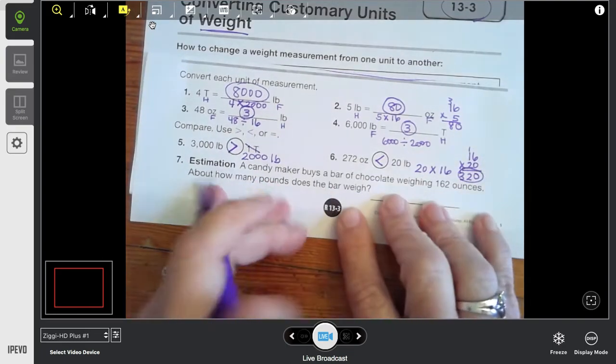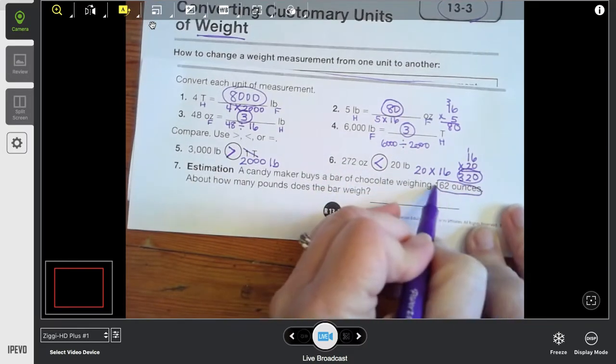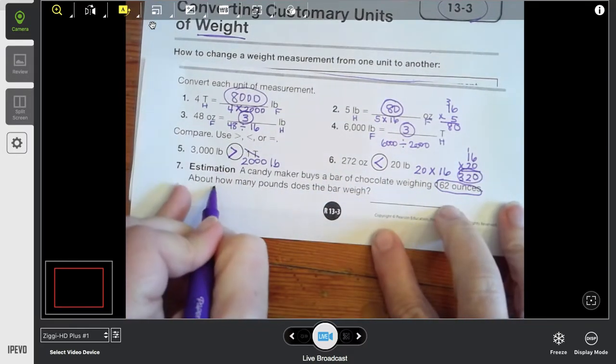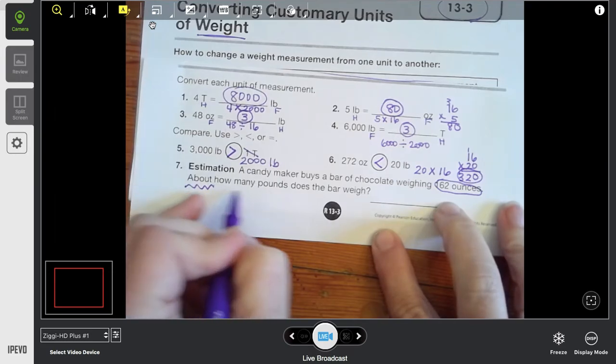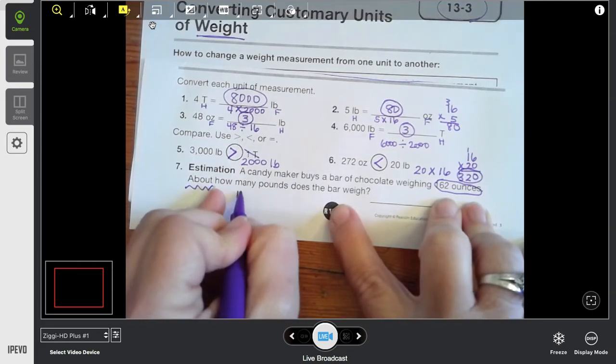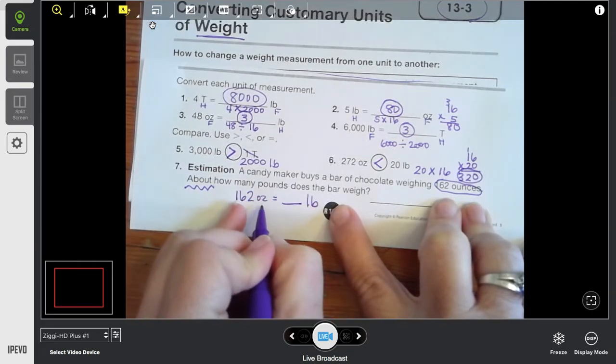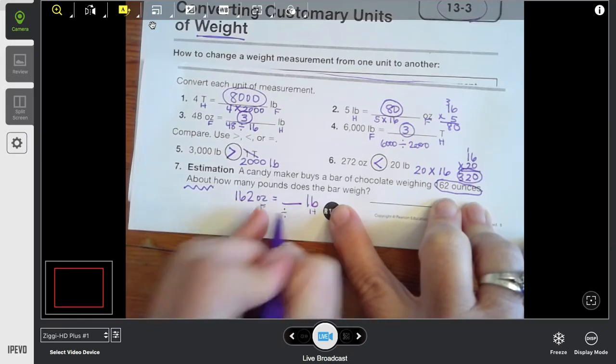And last but not least, a candy maker buys a bar of chocolate weighing 162 ounces. About, that word's important, we're estimating. How many pounds does it weigh? Well, 162 ounces, and we're going to transfer it to pounds. So we're going fly to horse, divide, of course.